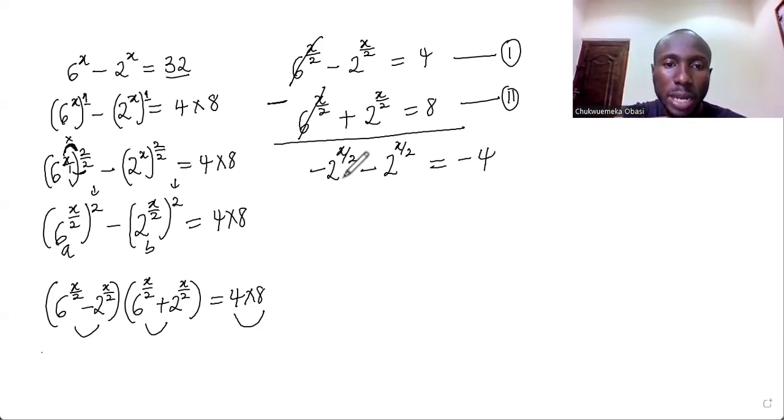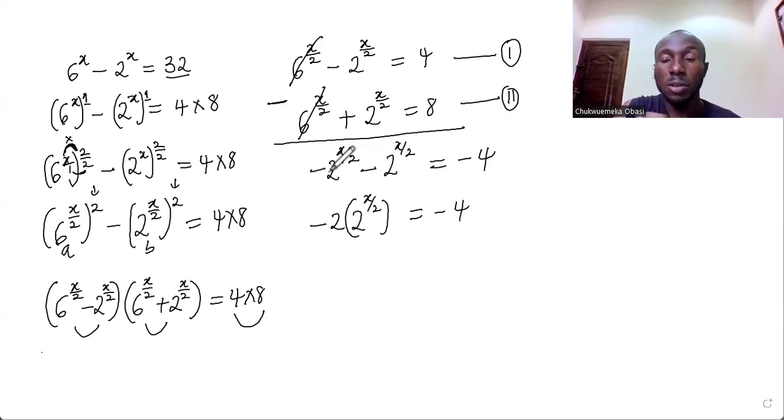So minus this quantity minus this quantity gives me minus 2 of this quantity, 2 to the x upon 2.